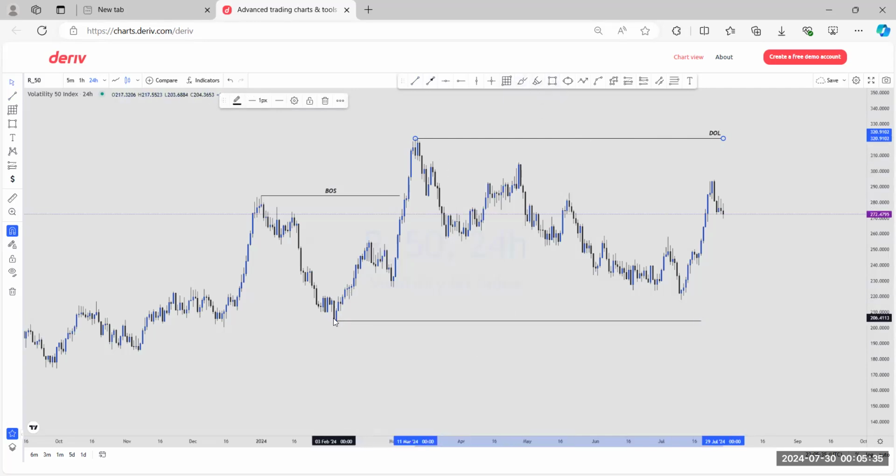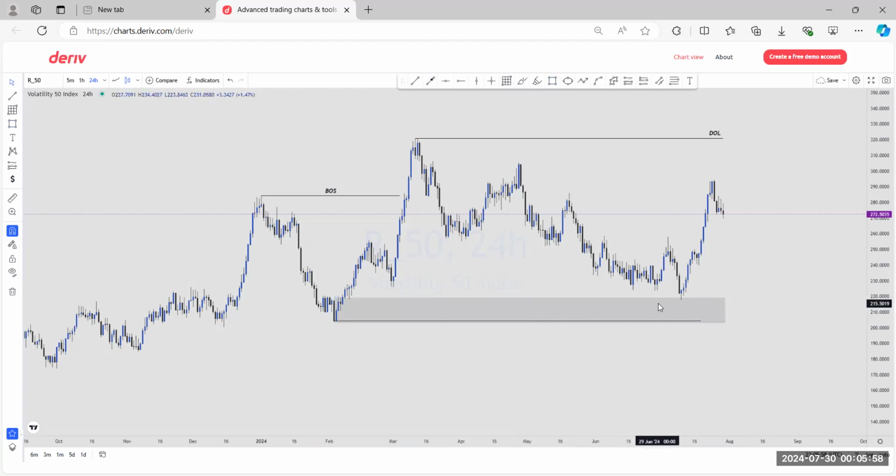So from this low, we had this high breaking this high, and price retraced a bit, pulled back within the range. So all this one you are seeing here was just a retracement phase, and price came into what? Found a bullish order block somewhere here, and after it hit the order block, price moved away.